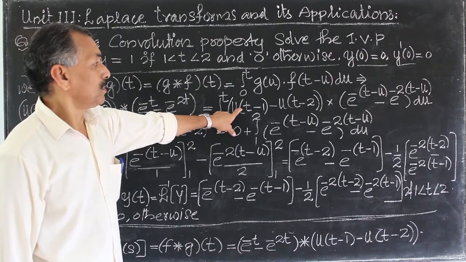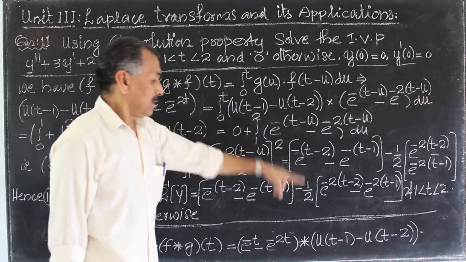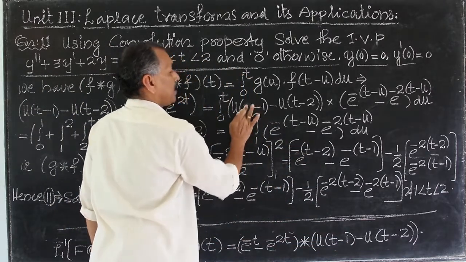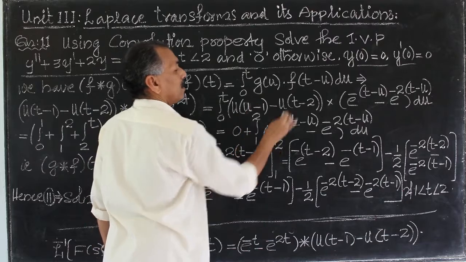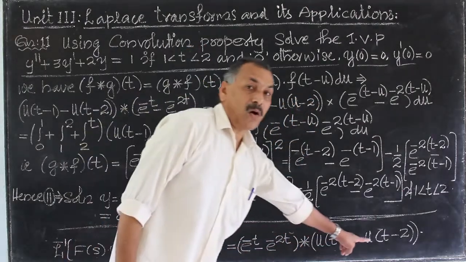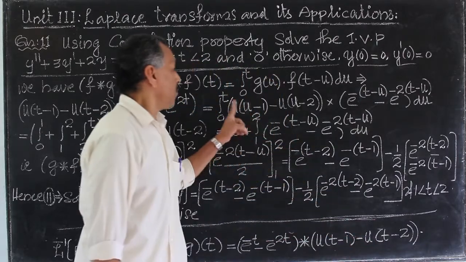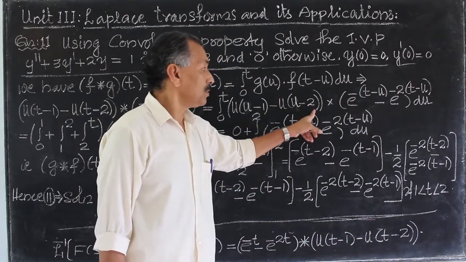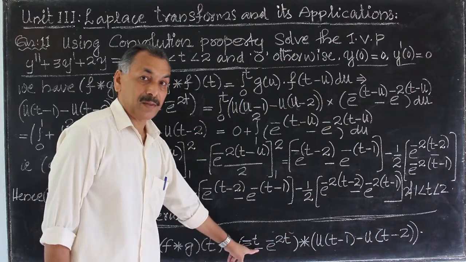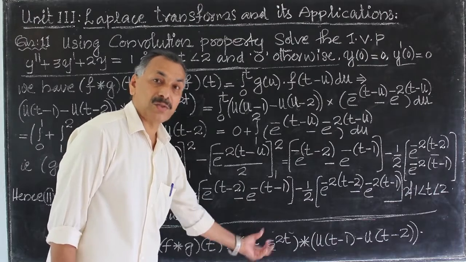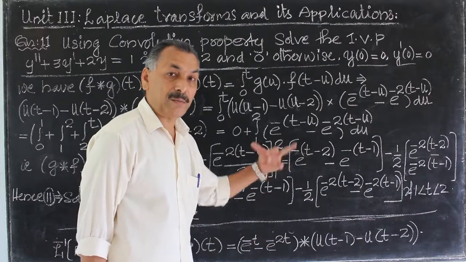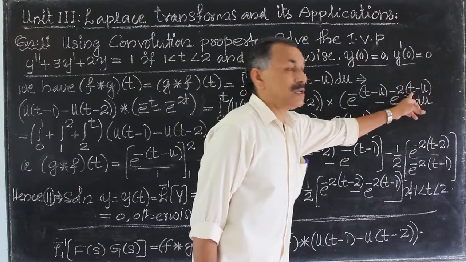G of u is equal to u of u minus 1 minus u of u minus 2, because in G of t, in place of t we put u. Into F of t minus u. This is F of t. Inside, what comes for t? t minus u. So e raised to minus t becomes e raised to minus (t minus u), and e raised to minus 2t becomes e raised to minus 2 into (t minus u), du.